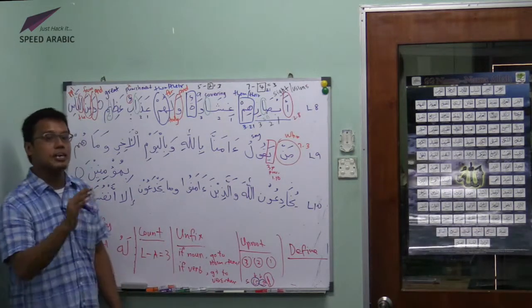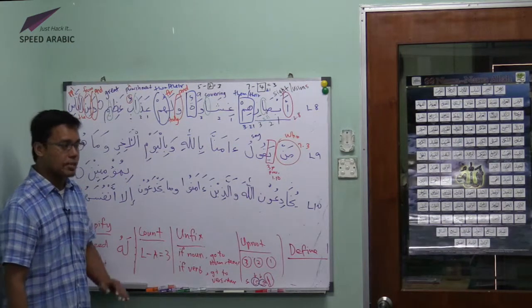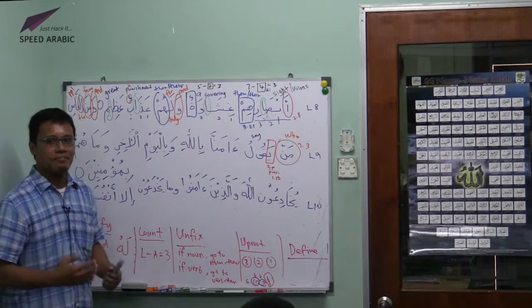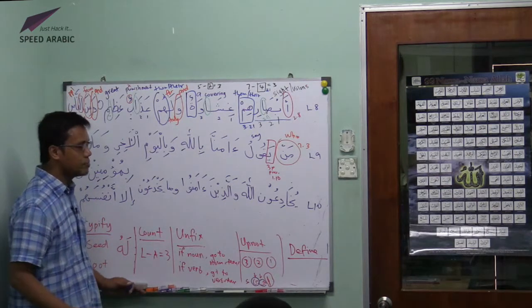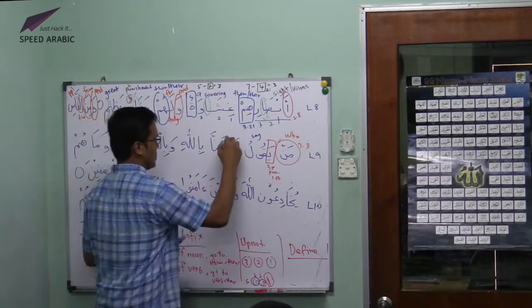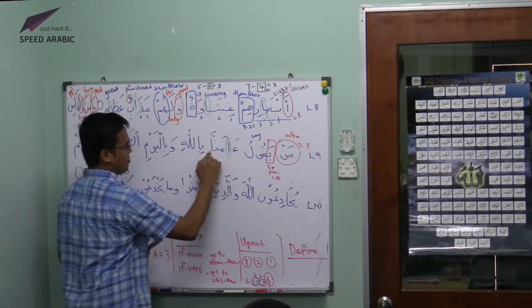Belum lagi. Okay, look at the back. Yes, but that is the meaning. I want the hacking. I want the affixes. Which alif? After Hamza. Okay. What else? You have 1, 2, 3, 4, 5, 6.